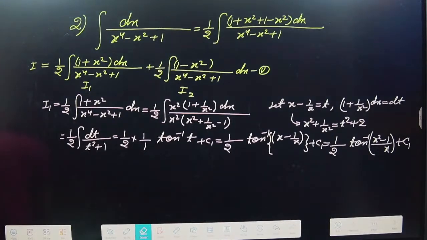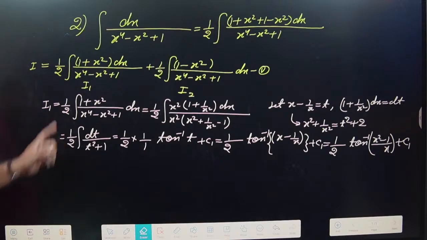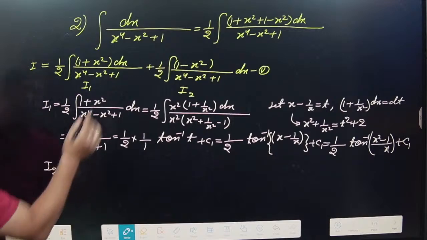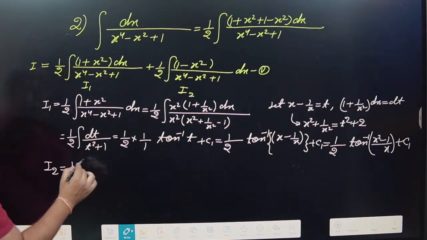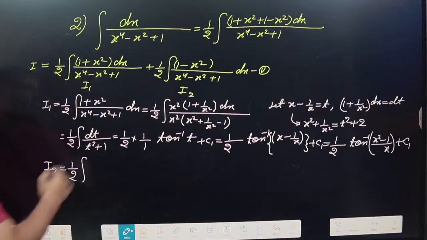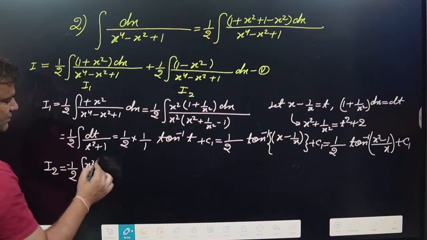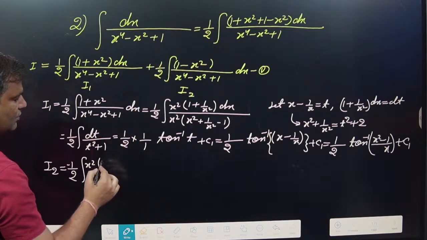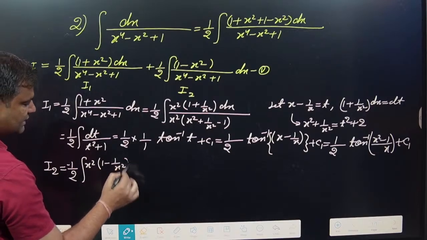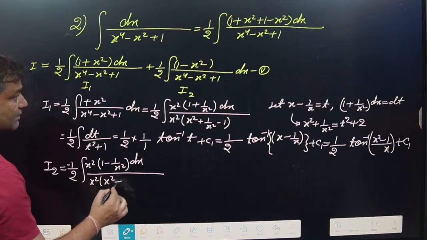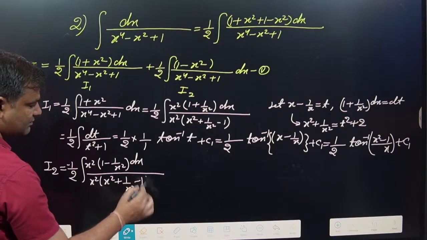Now after that we have to focus on the next problem, I2. How can we determine I2? Look here, I2 is 1 by 2, again dividing, taking x square common, so minus x square common, then written 1 minus 1 by x square into dx, divided by, if here x square is common, x square plus 1 by x square minus 1.